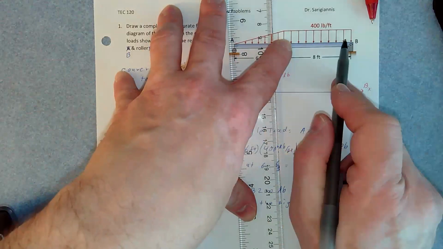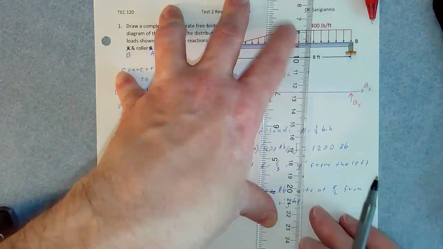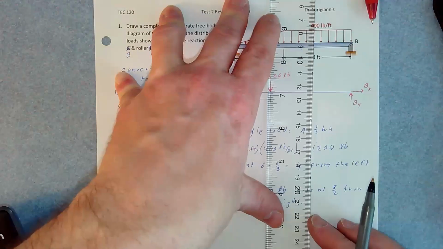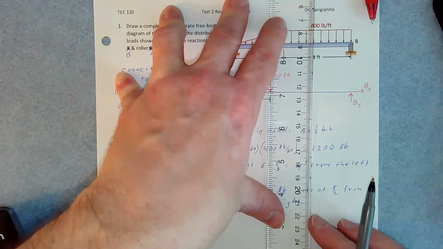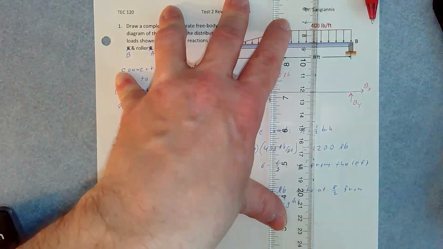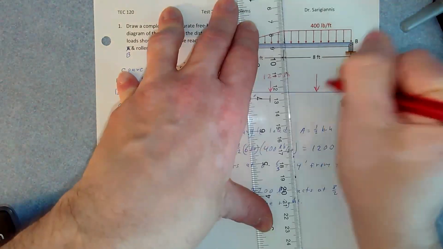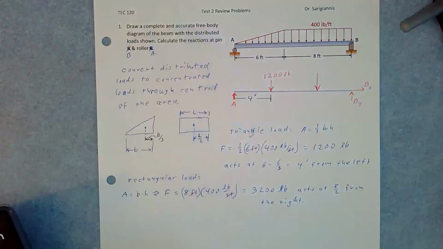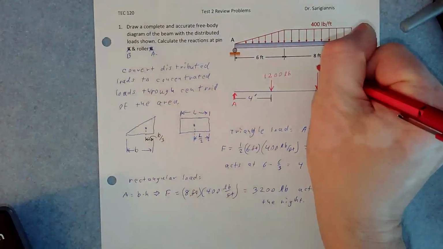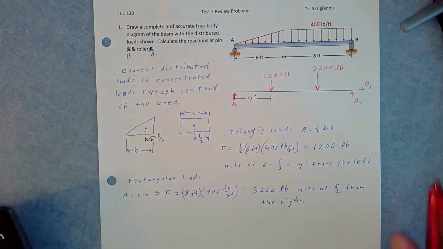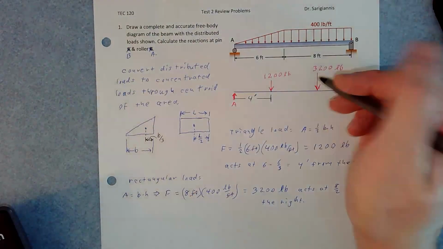So right in the middle, 1, 2, 3, 4, 5. Oh, sorry about that. Oh, it's in the middle. Let me use my red pen. So this is 3,200 pounds. And let me label the dimensions here.